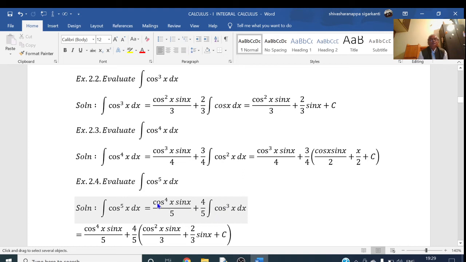So that is cos 4th x sin x by 5 plus 4 by 5 into the integration of cos cube of x. What is the integration of cos cube of x? This is the integration of cos cube x, so I will replace it by this quantity. That is 4 by 5 into cos square x sin x by 3 plus 2 by 3 into sin x plus the constant of integration c.